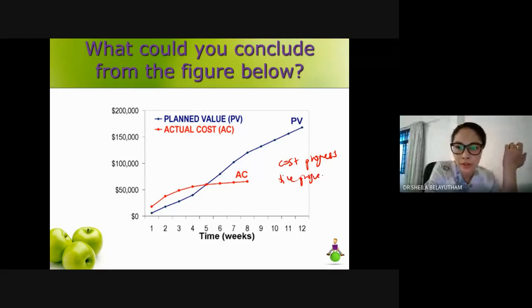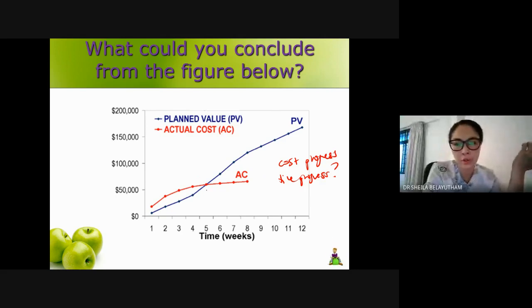The progress of your project, the production on site. Spending more, does it mean your progress is good? You're not sure. And spending less, does it mean your progress is good? You're not sure either, unless you have something that indicates that you spend more, but you have completed more activities than you actually should.